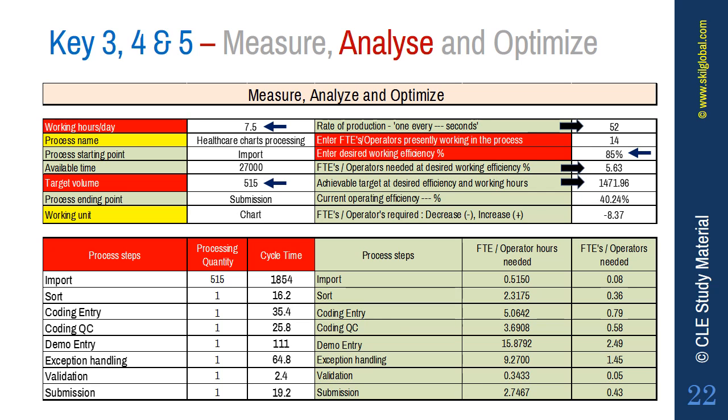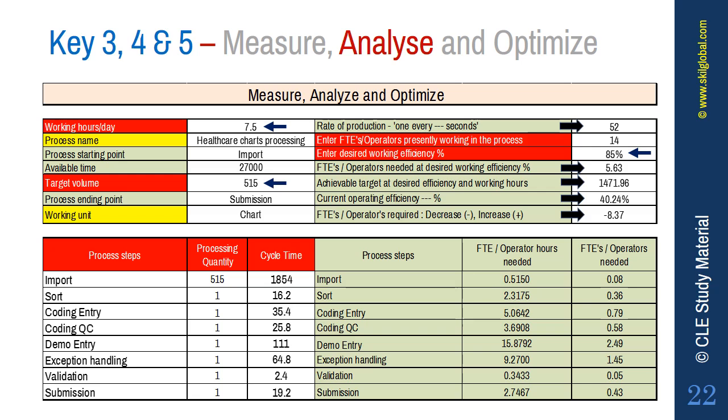Current operating efficiency is 40.24%. Scope to reduce full-time equivalent operators is 8. In other words, to complete 515 files you should use 6 or 7 full-time equivalent operators, operating at 85% efficiency.